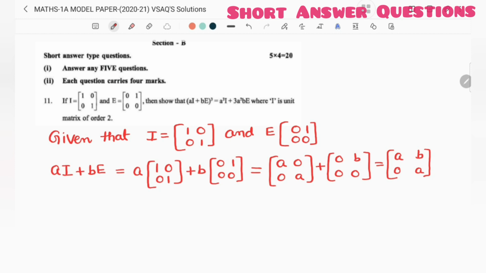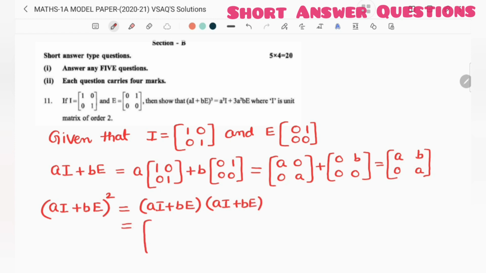But they are asking for (aI + bE) whole cube, no? To get the whole cube, we need to calculate (aI + bE) whole square, which equals (aI + bE) into (aI + bE). That is [[a,b],[0,a]] again into [[a,b],[0,a]].